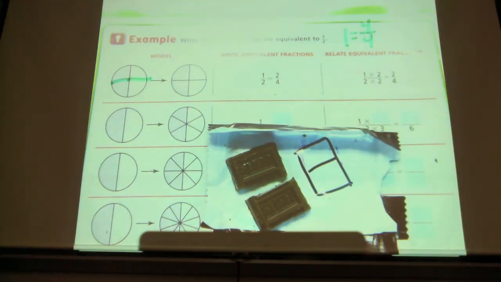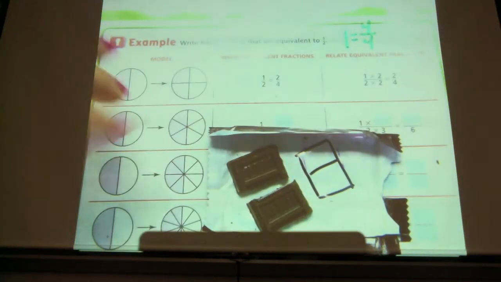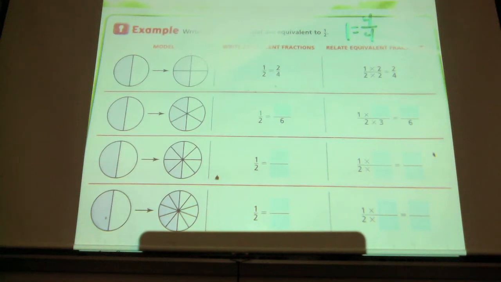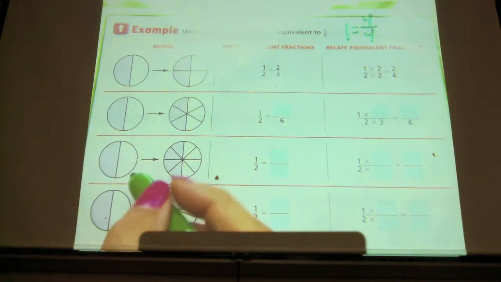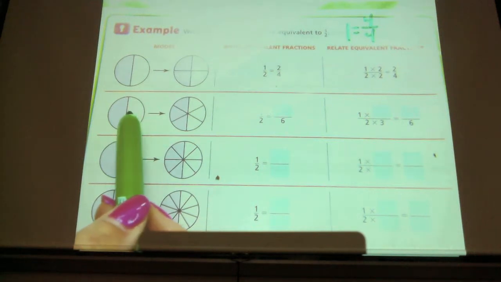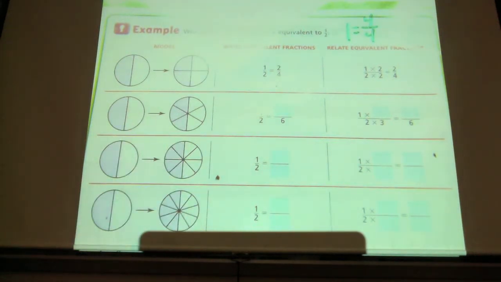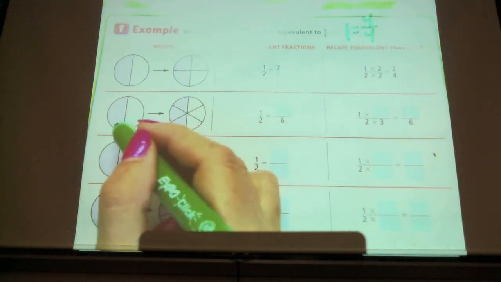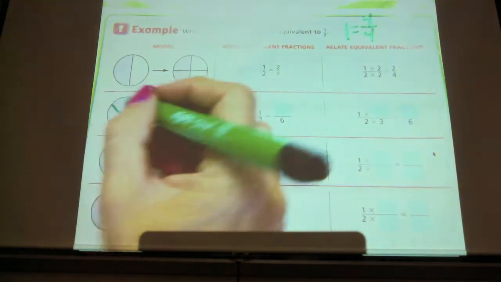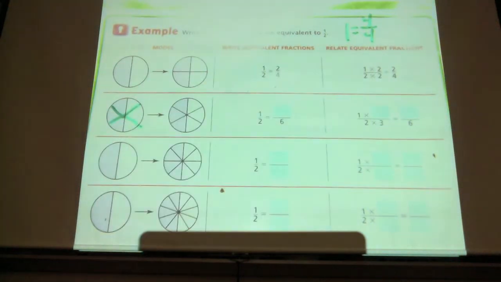Now, we can do the same thing. We're going to put our candy just to the side for a second. I can change my 1/2 into 3 parts. So I'm going to change my half over here into 3 parts, which means I have to change the other side too, even though it's missing.